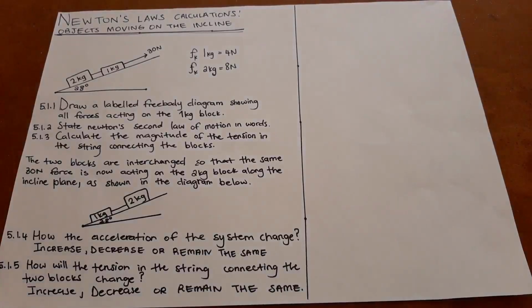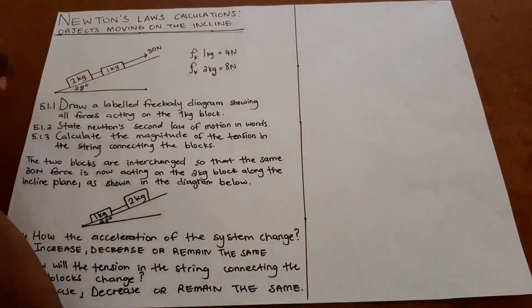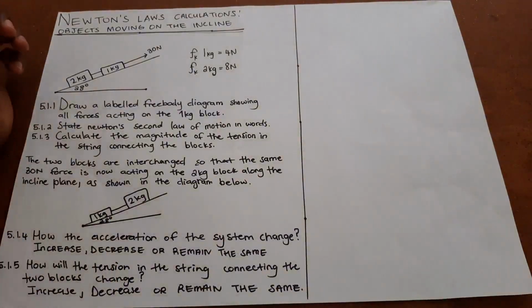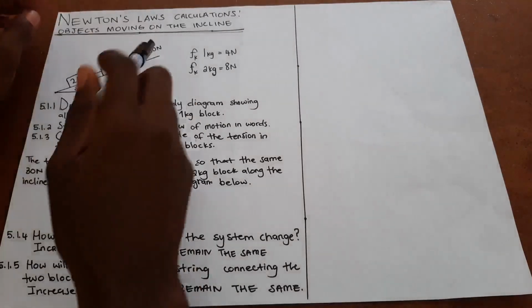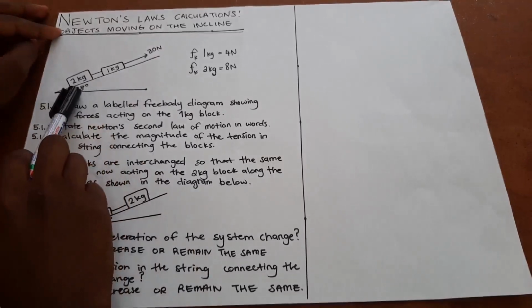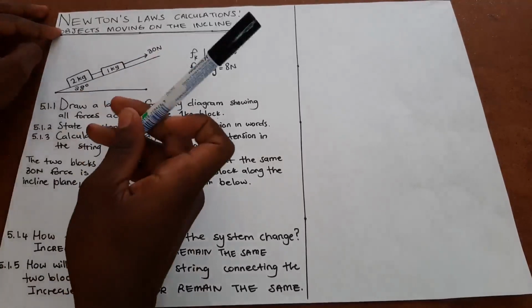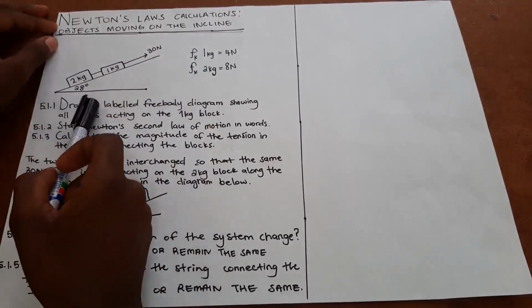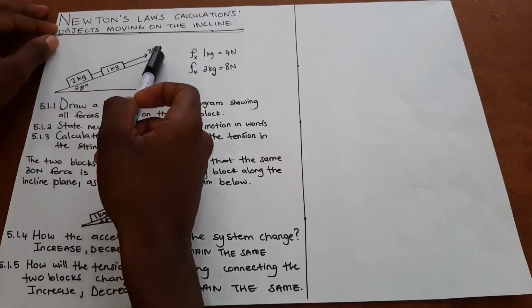Let's get into the topic. Let's jump to the calculations without wasting time. In this scenario we are given two blocks, the 1 kg block connected with the 2 kg block on an incline, being pulled by 30 newtons.